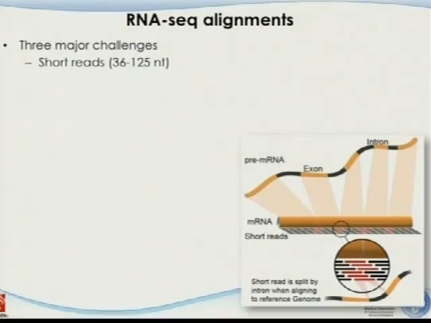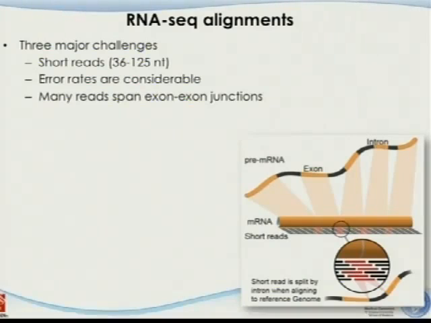For RNA sequencing alignment, there are 3 major challenges. The first one is short reads. We have only 36 to 225 nucleotides per read, and you cannot really use BLAT or similar tools for this type of alignment. The error rates are considerable, and the major difficulty is that many reads span exon-exon junctions.